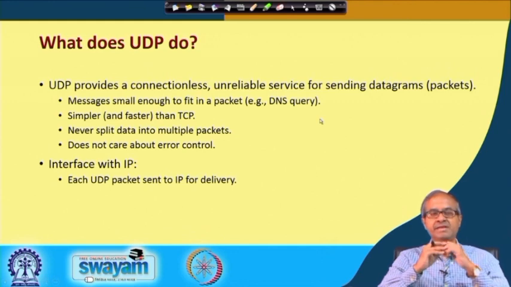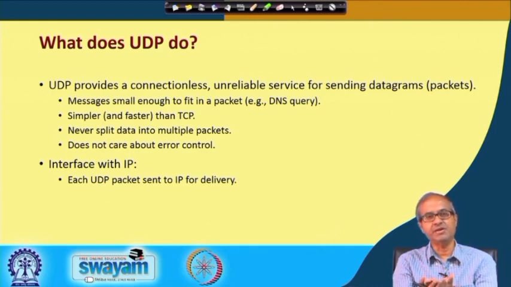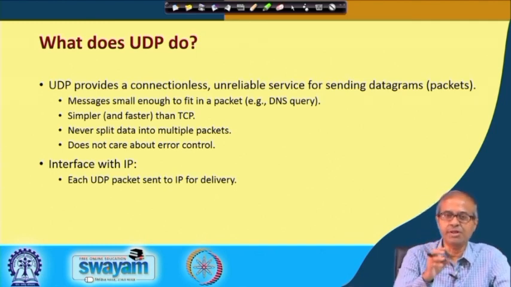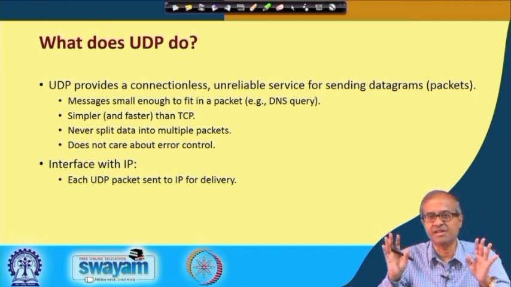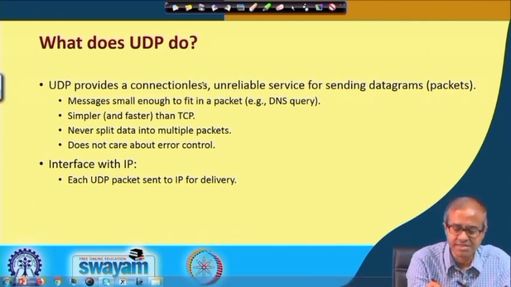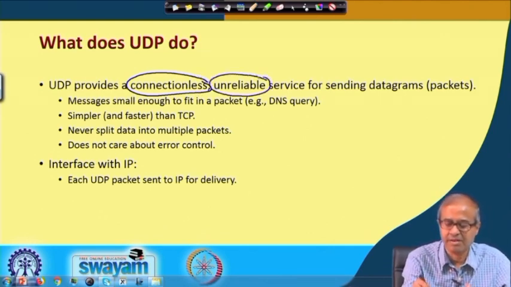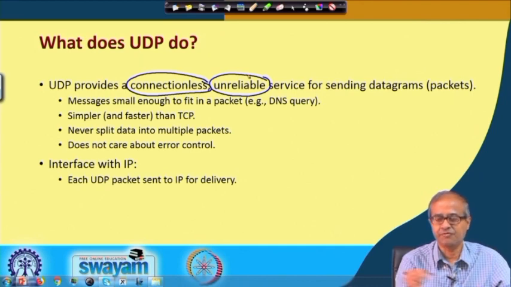Now, UDP is a simpler version of TCP, which is quite similar to IP, with just a little extra beyond IP. UDP does not provide any kind of reliable connection. It provides a connectionless, unreliable service for sending datagrams.